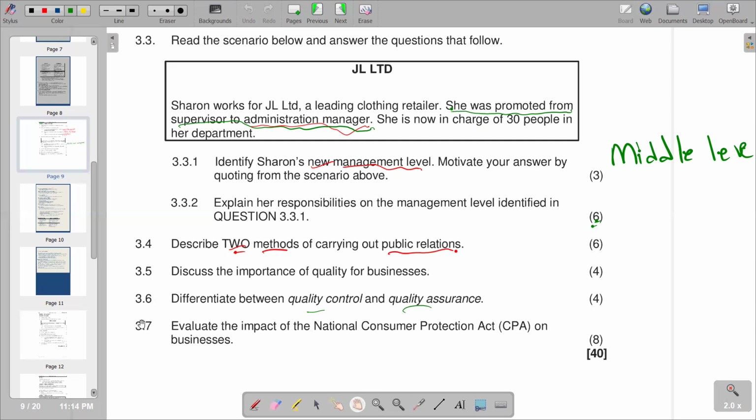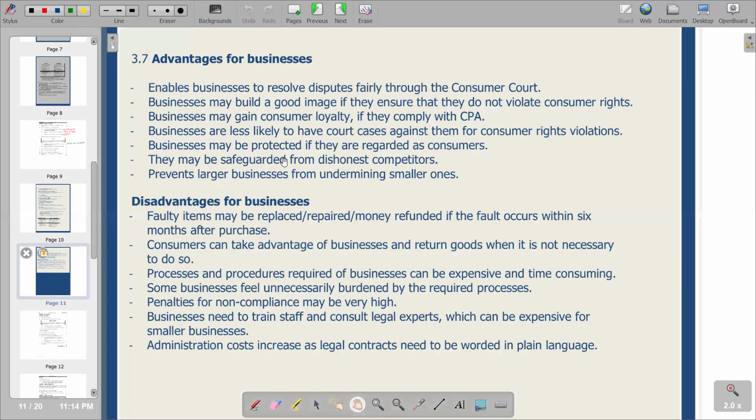So we try to see what we have concerning the Consumer Protection Act. These are the advantages for businesses. The first advantage is that it enables businesses to resolve disputes fairly through the consumer court.